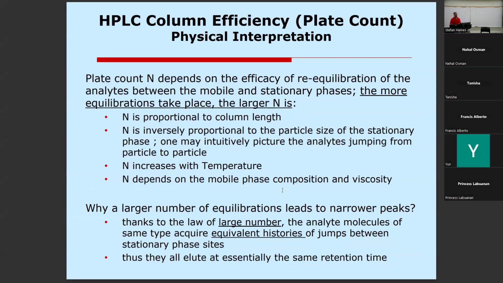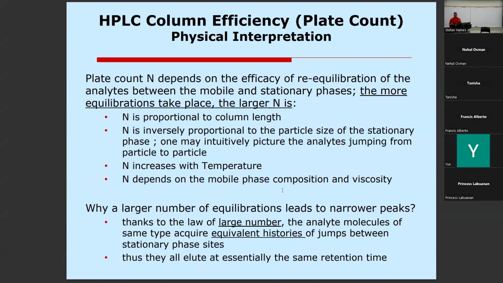Okay, so your plate count depends on the efficacy. Again, this gets very technical, but I'll go into each one here. Of the re-equilibration of analytes between the mobile and stationary phase. So the more equilibrations that take place, the larger your plate count is. So what equilibration means is how many times your analyte can bounce between your stationary and mobile phase as it travels down the column, right?